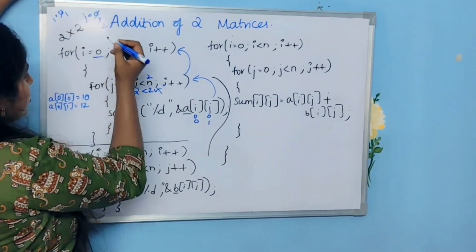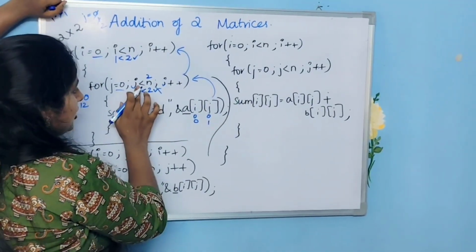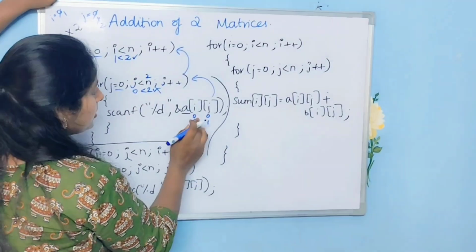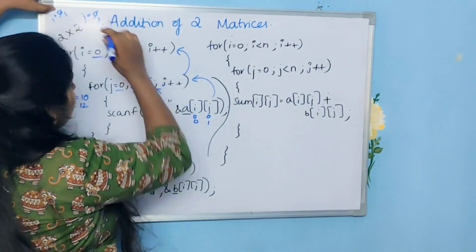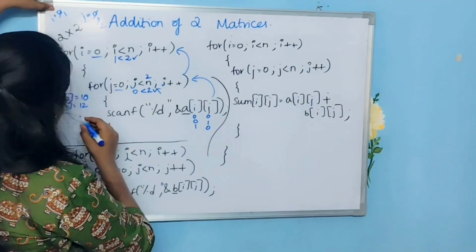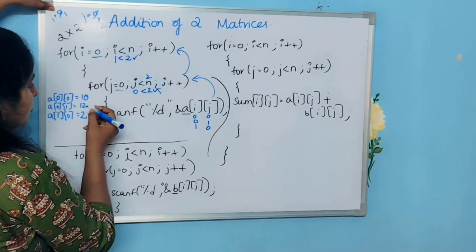So i equals 1. 1 is less than 2, condition true. So again the j value became 0. It is initialized again. So the i value is 1 and the j value is 0. So a of 1, 0 is some 2.